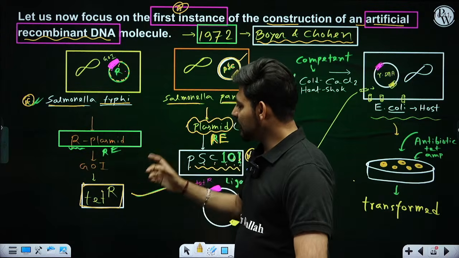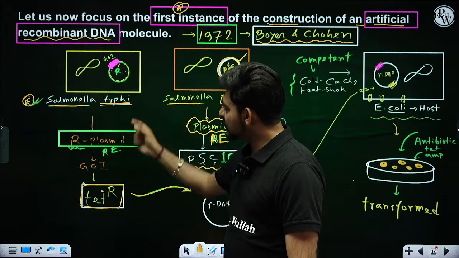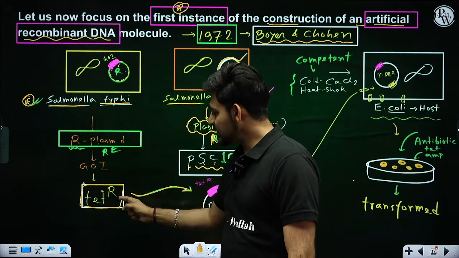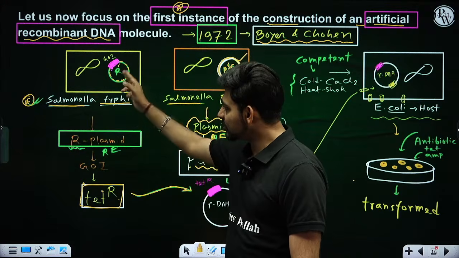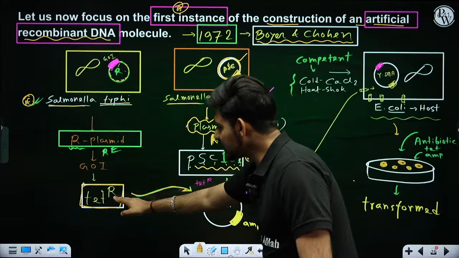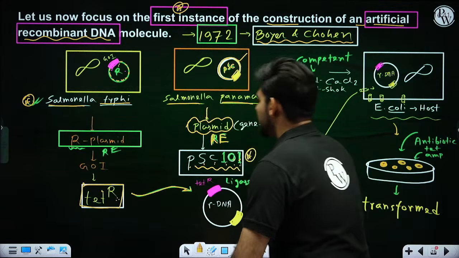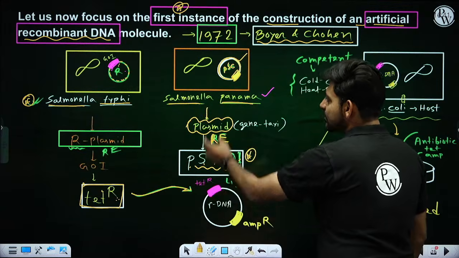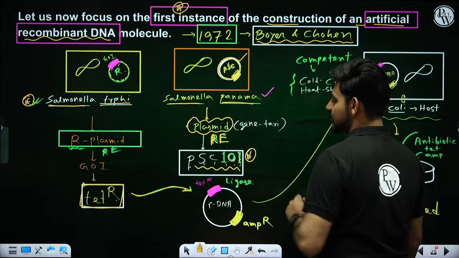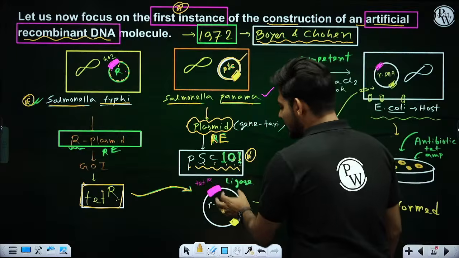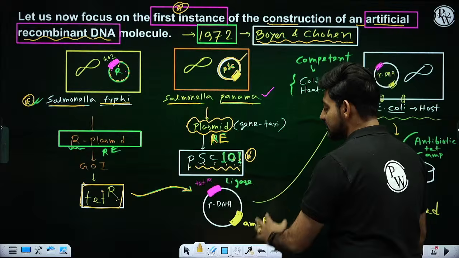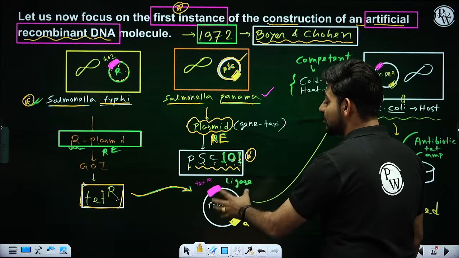Okay, now they isolated the gene. They isolated the tetracycline resistant gene from Salmonella typhi, and inserted that piece of gene inside another plasmid obtained from Salmonella Panama called the PSC plasmid. And that is the instance in which they constructed the first recombinant DNA.